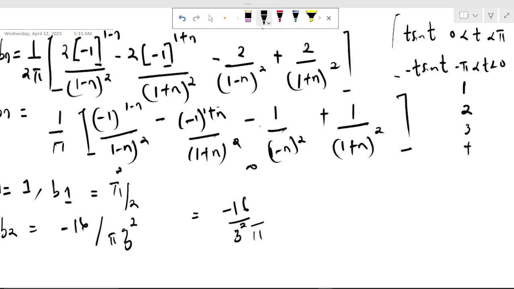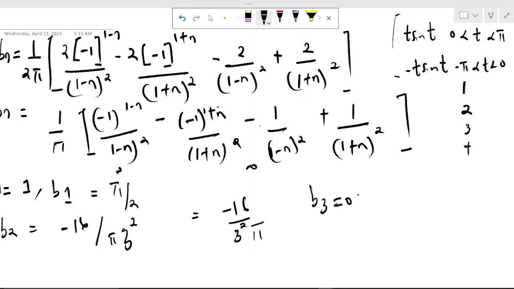Okay, let's find out B3. Plug in 3 as n and get your value for B3. So doing that, you should get your B3 as 0.